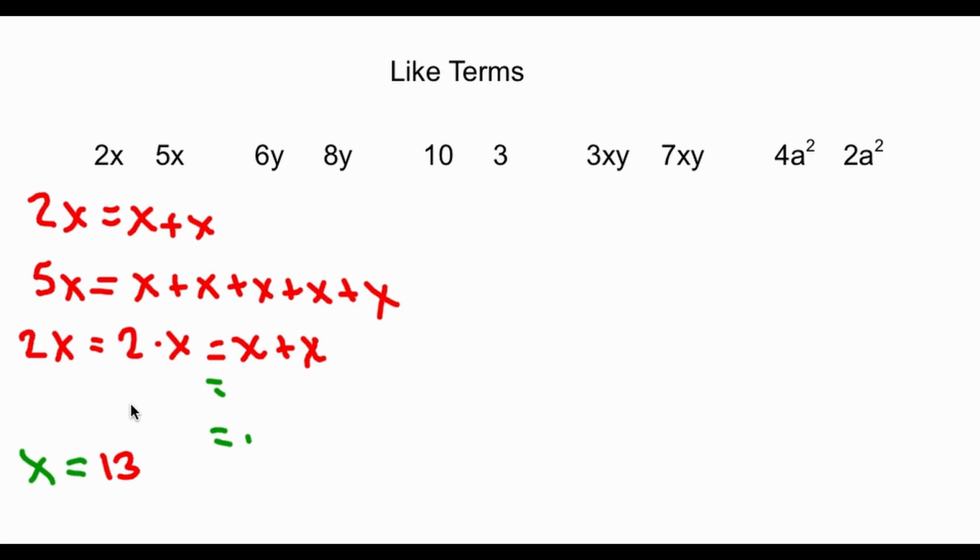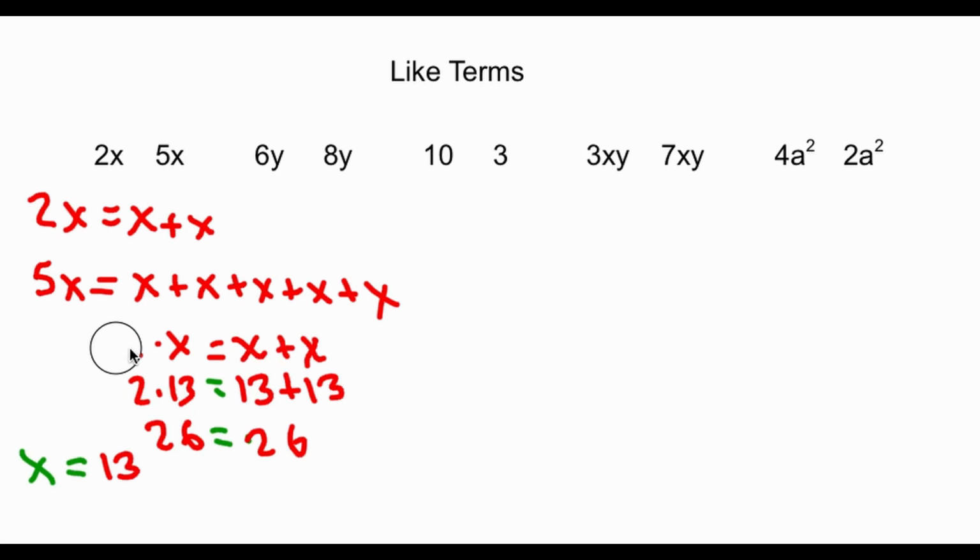So here it would be 2 times 13, whereas here it would be 13 plus 13. Well, 13 plus 13 will give us the 26, and 2 times 13 would also give us the 26. As you guys can see, 2 times x is equivalent to x plus x.